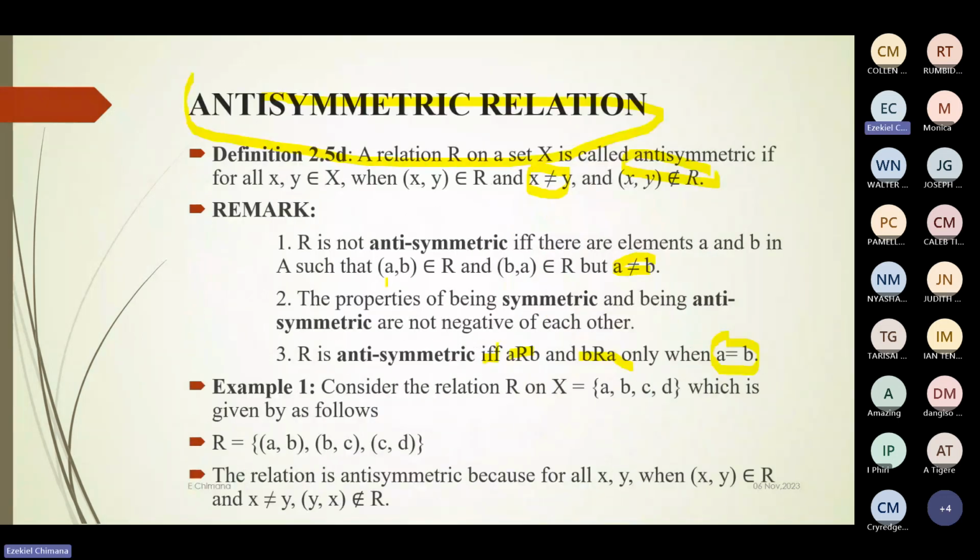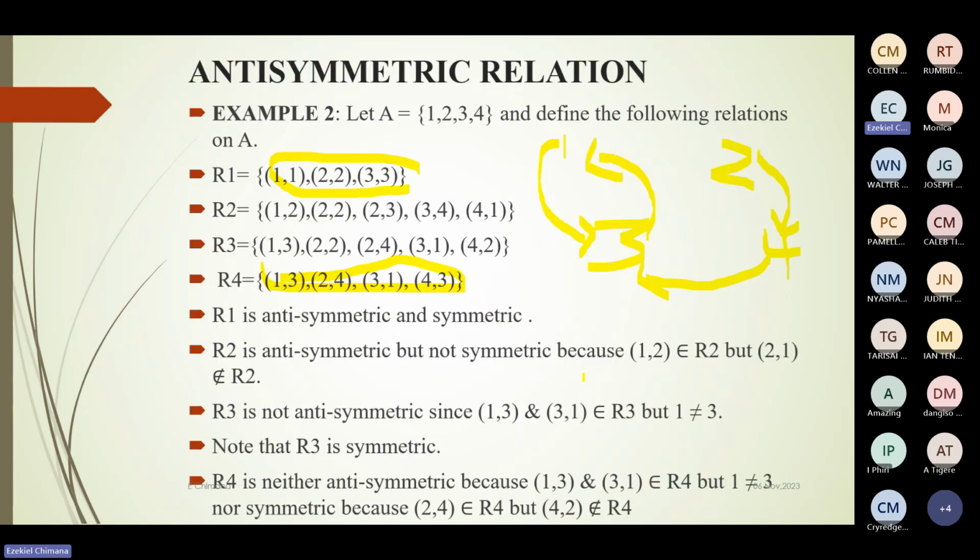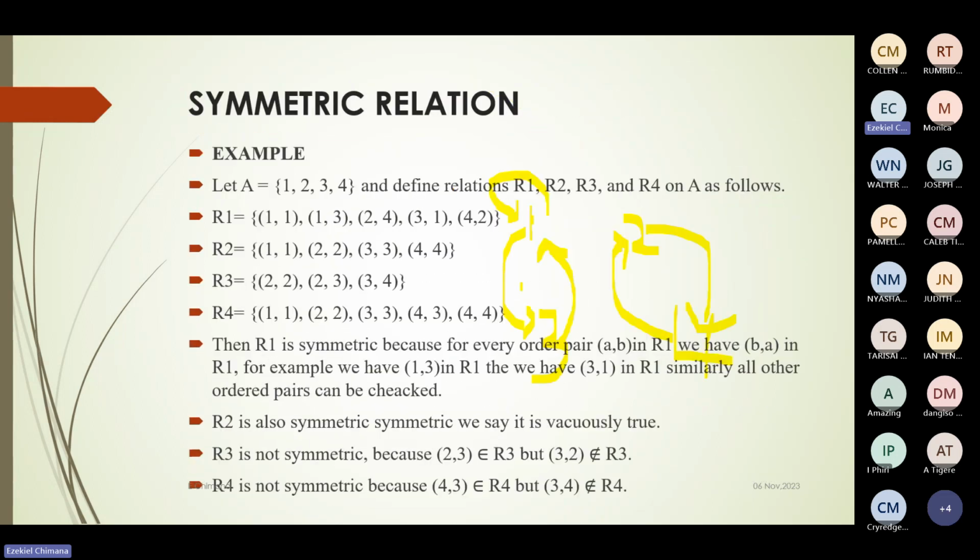Right? And then for you to pick if the relation is a symmetric relation on a diagram, the property is that whenever there is a directed edge from V to W, there is also a directed edge from W to V. So whenever you have a directed edge from 1 to 3, we must also have a directed edge from 3 to 1.